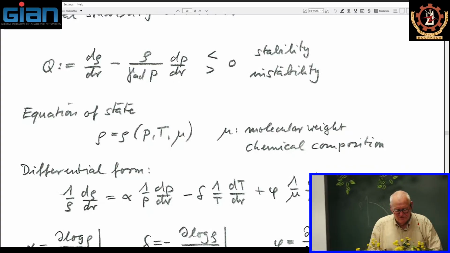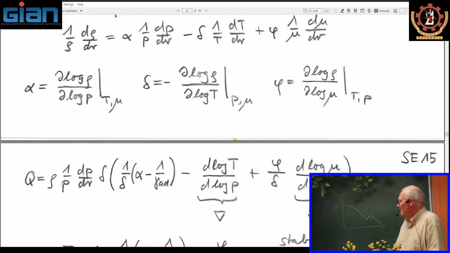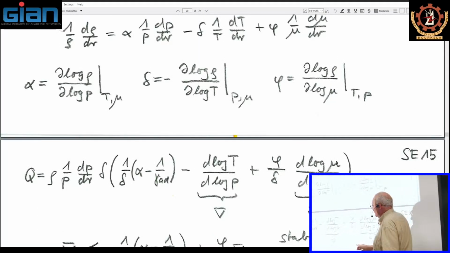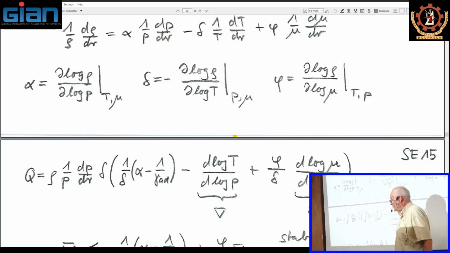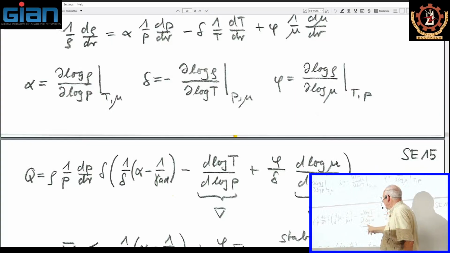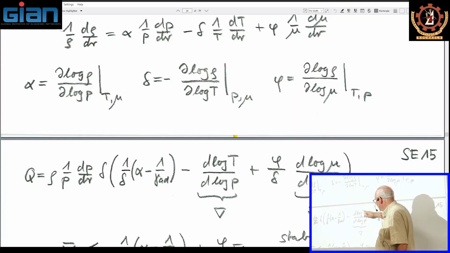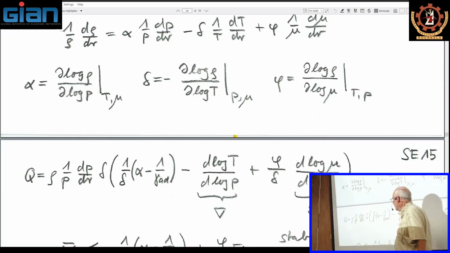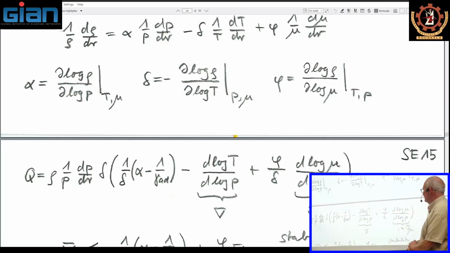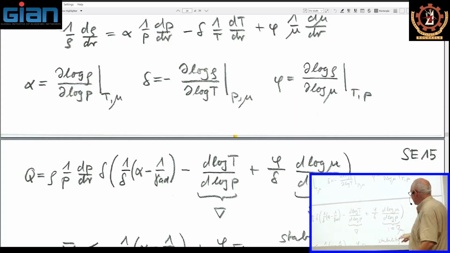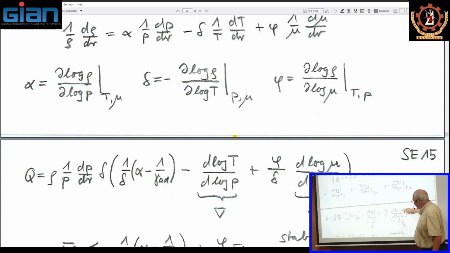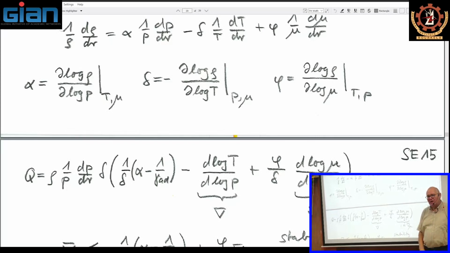The last term comes from the gradient of the chemical composition. So by taking out the logarithmic derivative of pressure, we have here the logarithmic derivative of temperature with respect to pressure left. That is achieved by taking out the logarithmic derivative of pressure with respect to radius. And here we are left with the logarithmic derivative of the mean molecular weight and the pressure, and we call this nabla mu.